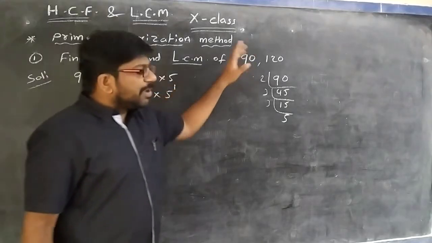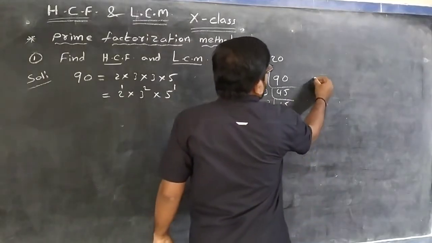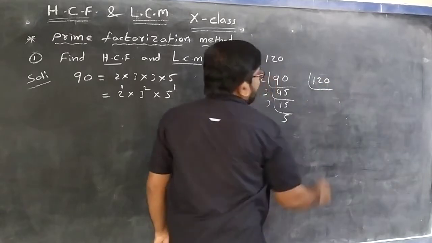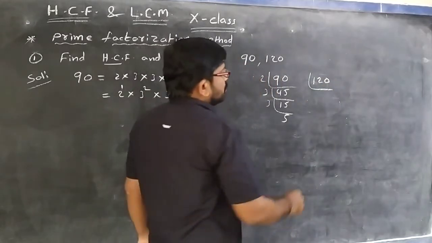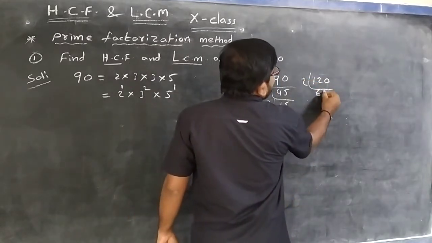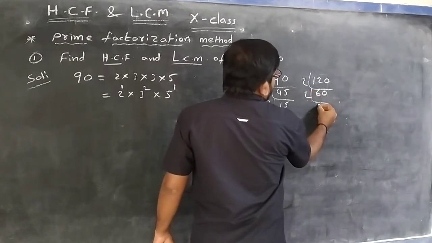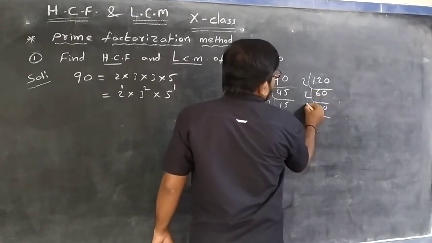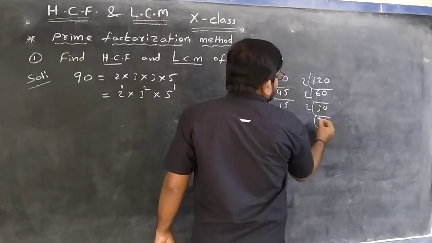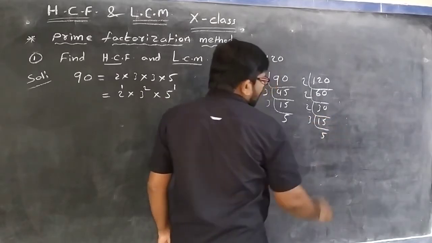Next, go for the next number, 120. It is an even number, so it goes by 2. 2 sixties are 120, 2 thirties are 60, 2 fifteens are 30, then 3, and 3 fives are 15.